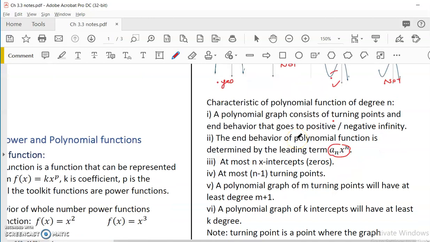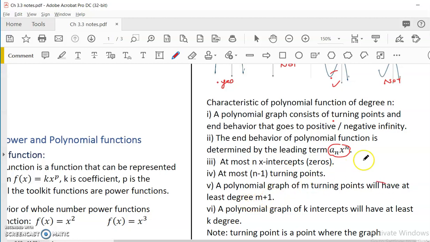And then the next one is if I see a graph. So this is if you know the degree. Okay, if you know the graph and you see m turning points, what would be the degree? If it has a degree n, polynomial can have at most n minus 1 turning points. So if you have m turning points, you would have at least degree m plus 1.